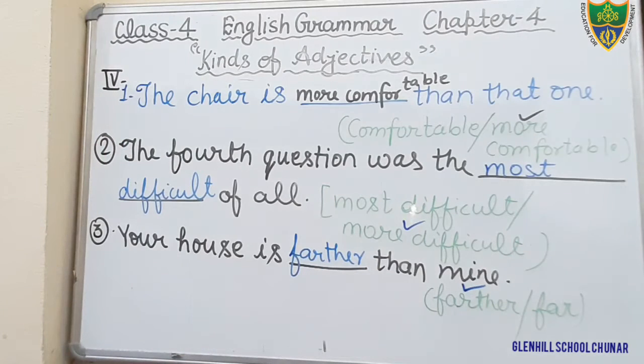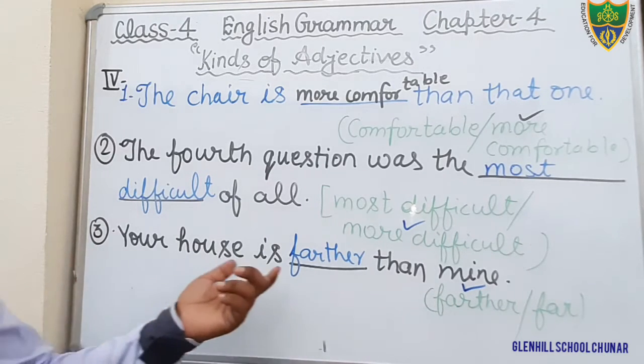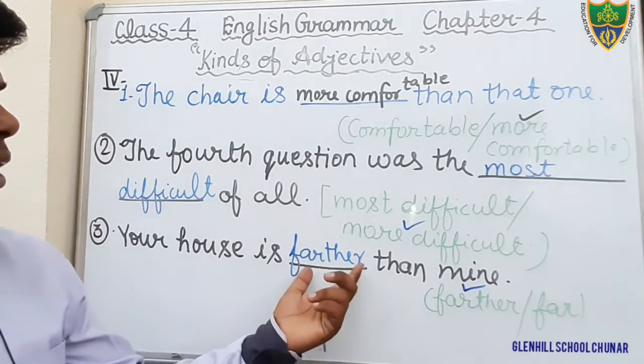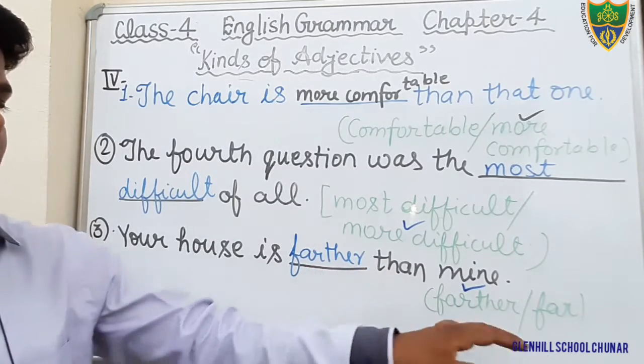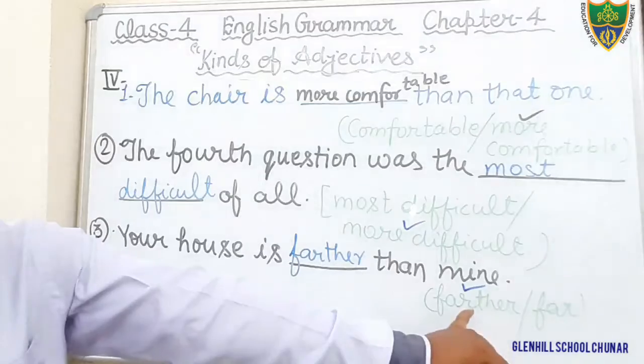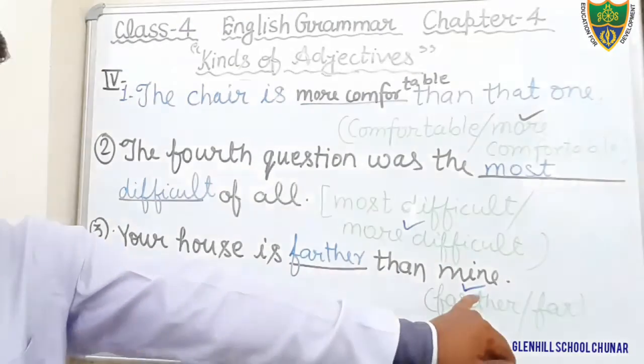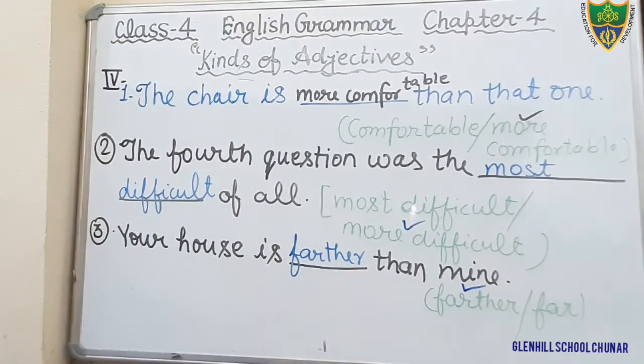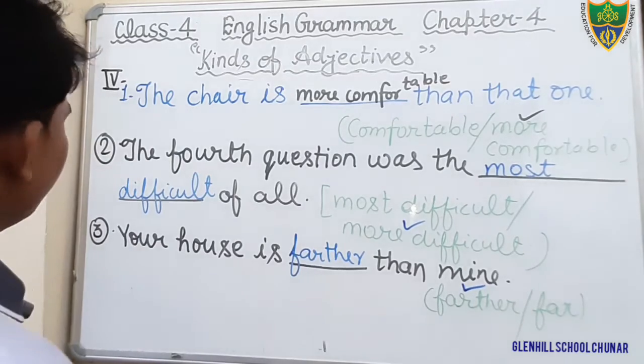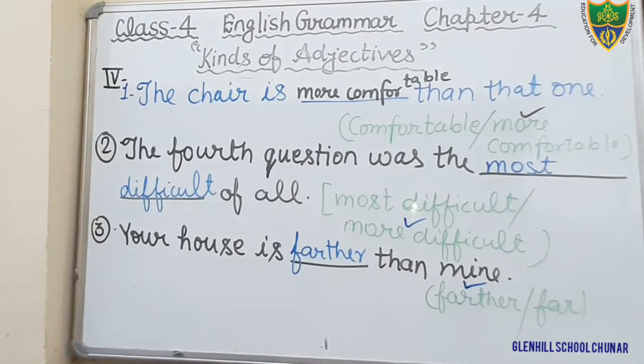Your house is further than mine. Okay, so just fill here. In this question number 3, we will fill farther, and tick on that option. Okay, come to the next question.